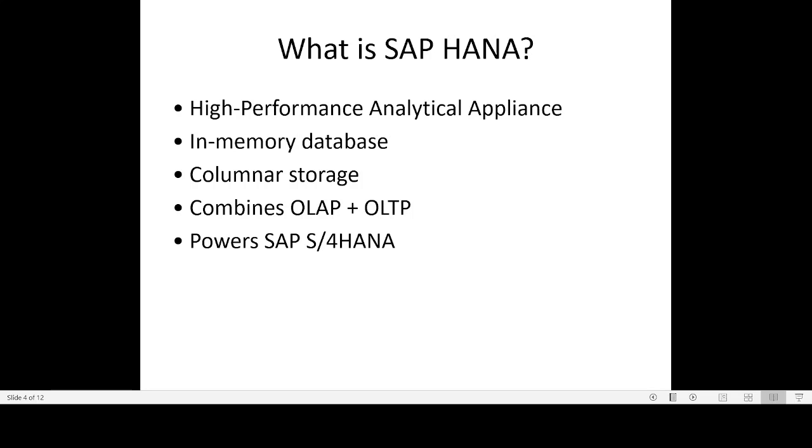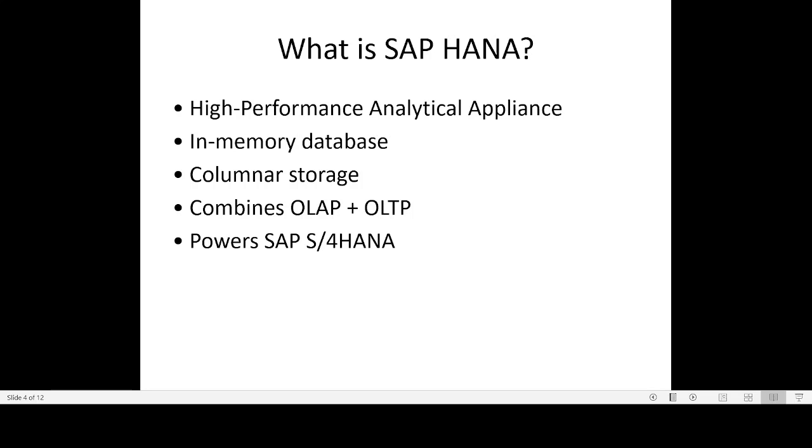And OLAP is online analytical processing. It focuses on data analysis, reporting, and decision making. It uses historical and aggregated data for complex queries and multidimensional analysis. For example, in SAP, we analyze financial reports in SAP BW, which is a different component from SAP S4HANA, or in SAP Analytics Cloud.